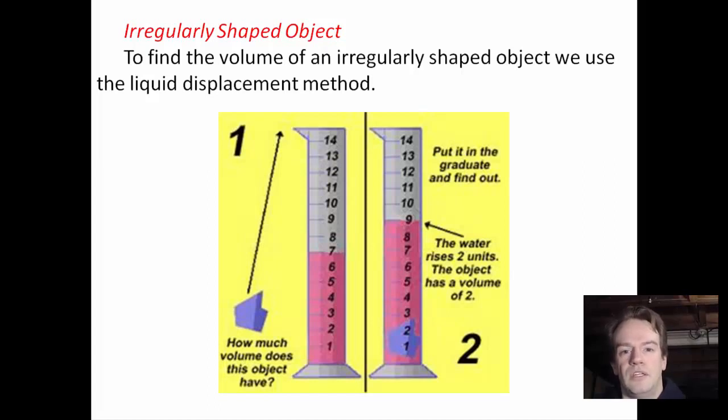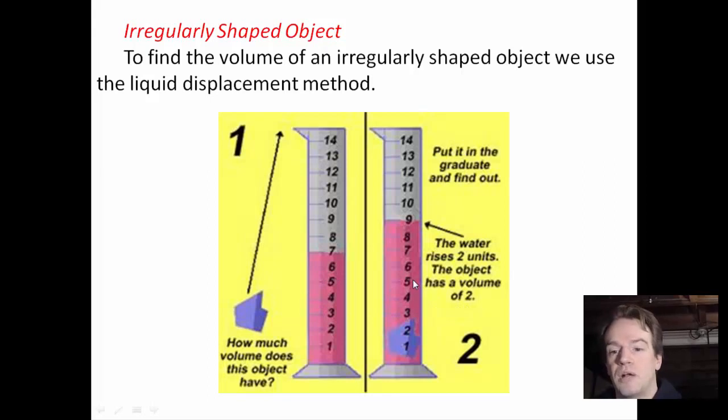That method is the liquid displacement method. With this method, we fill up the graduated cylinder, we note where it starts, we put the object in the graduated cylinder, and it will displace the water and make it go up a certain amount. In this case, it goes from 7 to 9, so we know that the object's volume is 2.